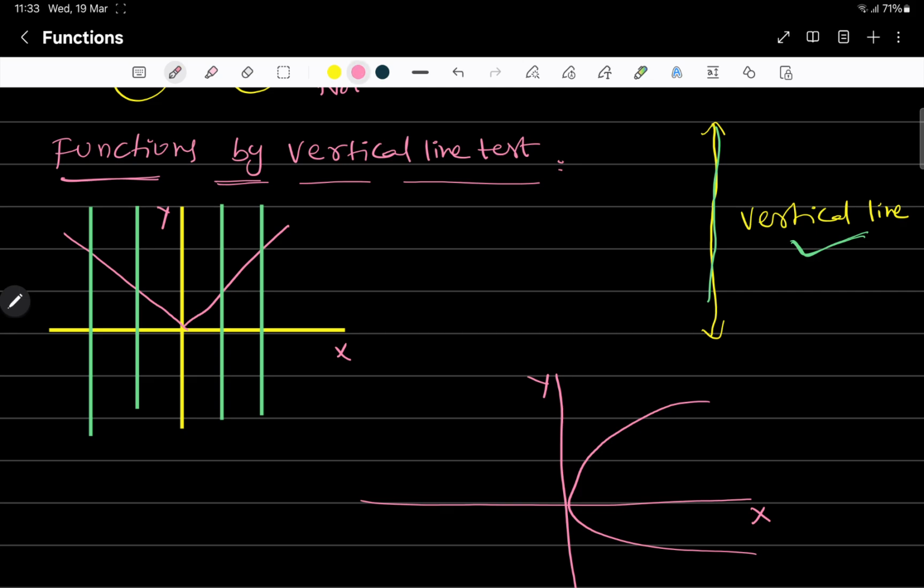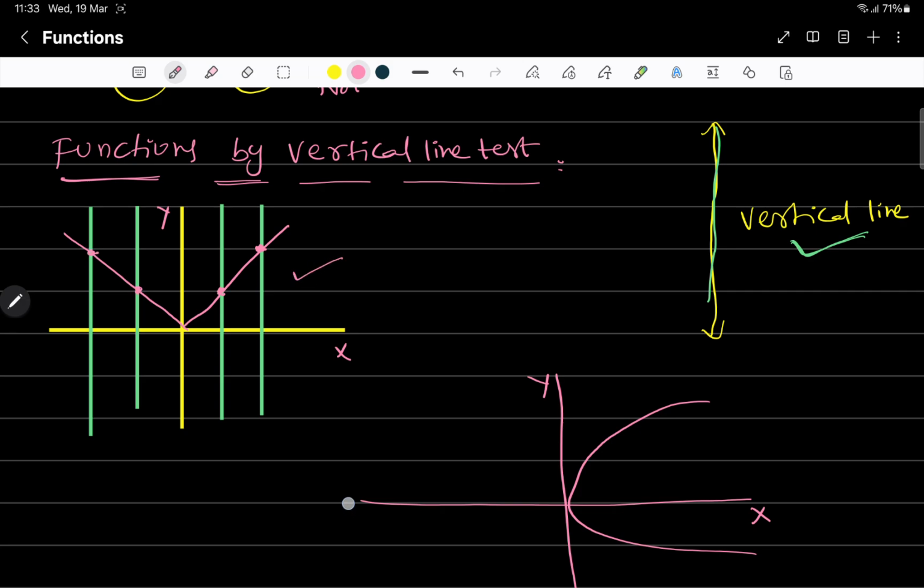Then see, the graph is crossing the vertical line at how many points? Here only 1 point. Here only 1 point. So the graph touches the vertical line only at one place. So this is a function.